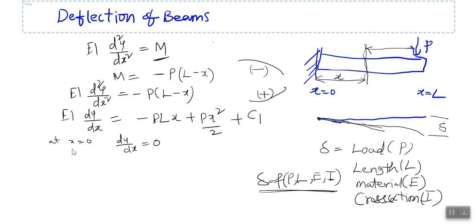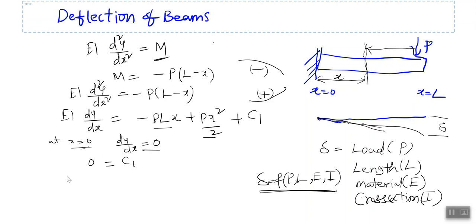If we substitute these two values in the above equation, we get dy/dx equal to 0 at x equal to 0. This one is 0, this one is 0, so we are getting C1 as 0.